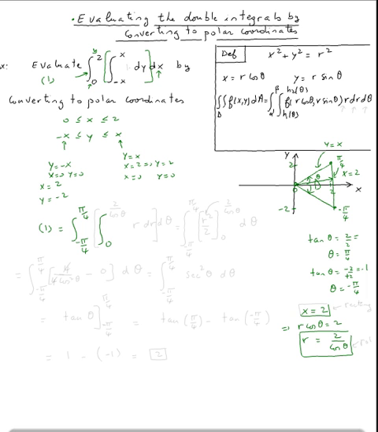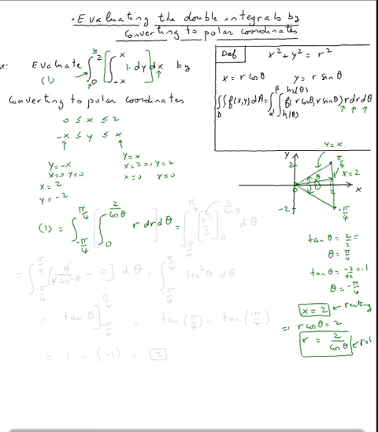So these two are equivalent, one in rectangular and one in polar. So r goes from 0 to 2 over cosine theta. And then we need to do r dr d theta, because the function is just 1.